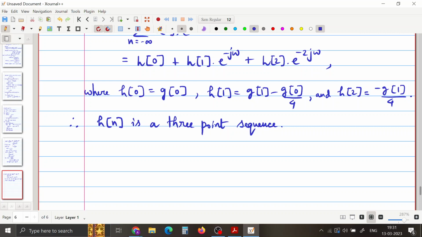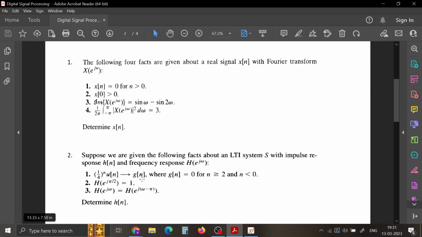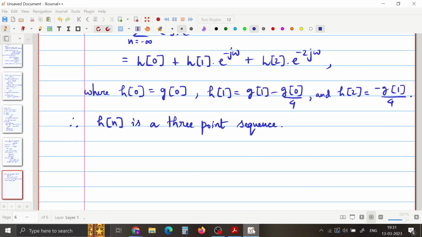So let's try to do that, and for that we actually need these given conditions. Condition 2 says that H of e power j pi by 2 is 1.